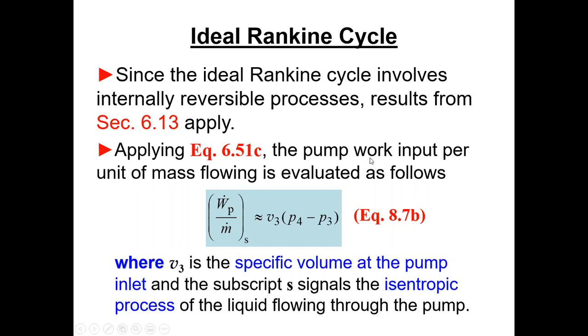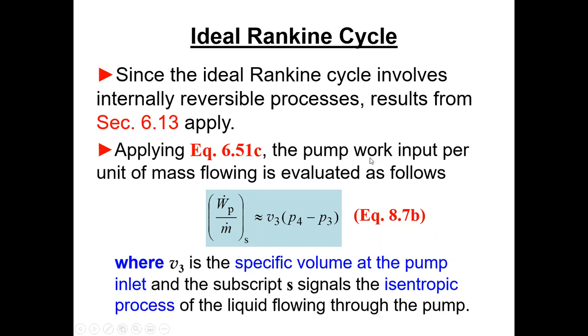So let's see, so we're saying there where little v sub 3 is the specific volume at the pump inlet, and s is isentropic process. So you need to note that, and when we start working problems, that's what you will typically use that equation to work across the pump. The way it usually works is we know the condition into the pump, we know the enthalpy, and we use this to help us calculate the enthalpy at the exit of the pump.